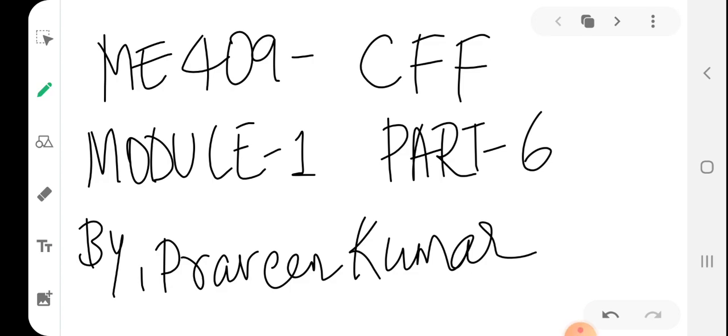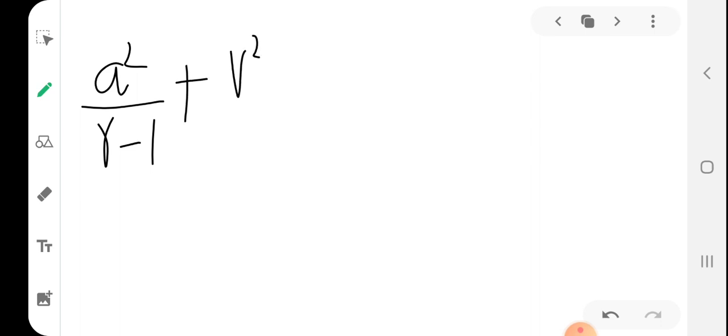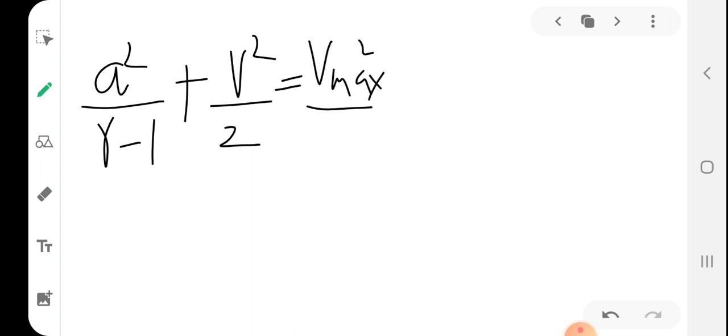Students, in the previous session, we learned a very important equation called the adiabatic steady flow energy equation, where a square by gamma minus 1, where a is the sound velocity, plus v square by 2 can be written as V max square by 2. V max is the maximum velocity that can be obtained in the flow by extracting the thermal energy.